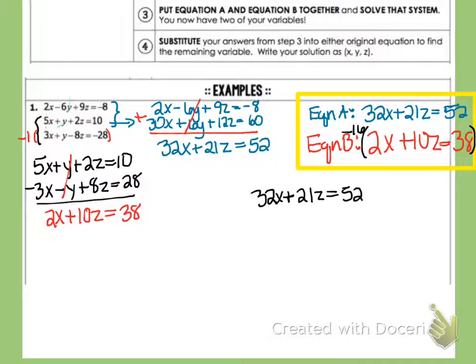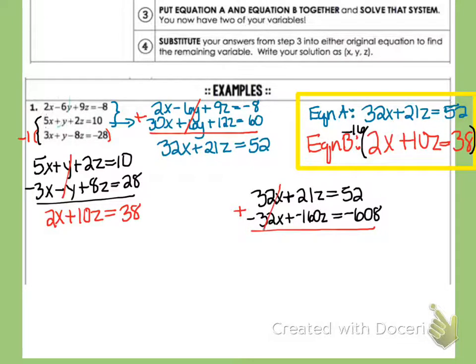The second equation after multiplying through by a -16 is -32x plus a -160z, and that's going to equal -608. And I'm all set to add them.